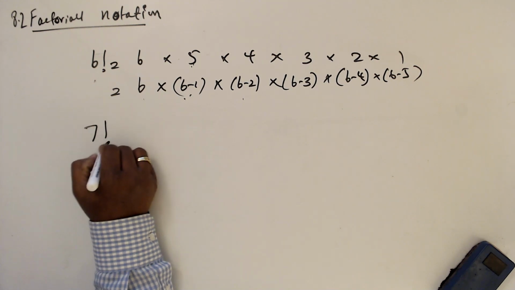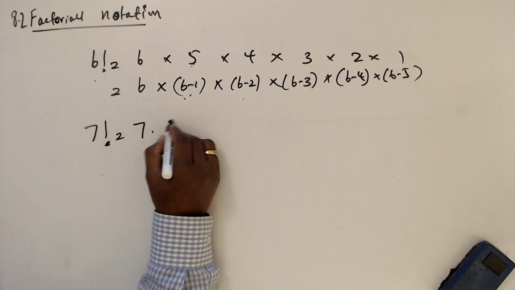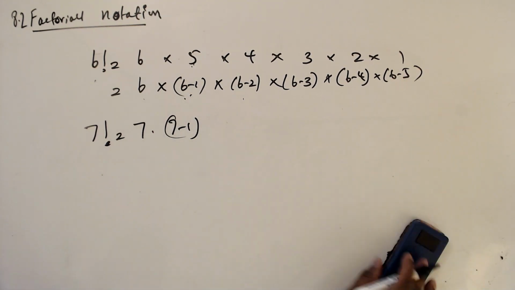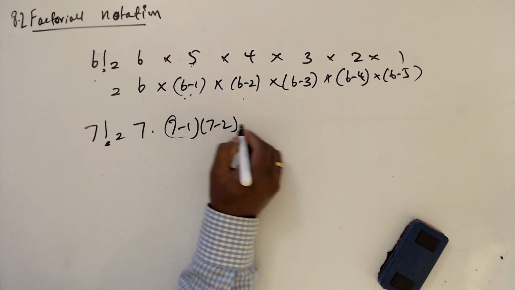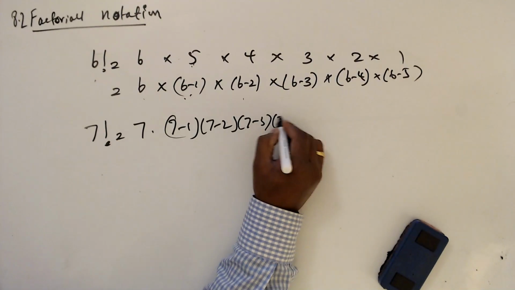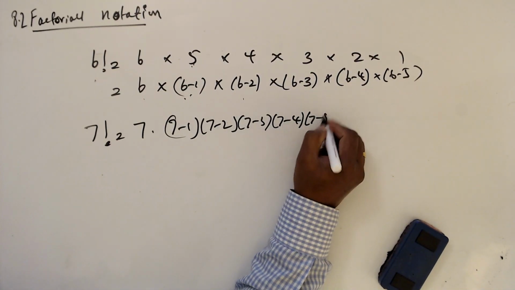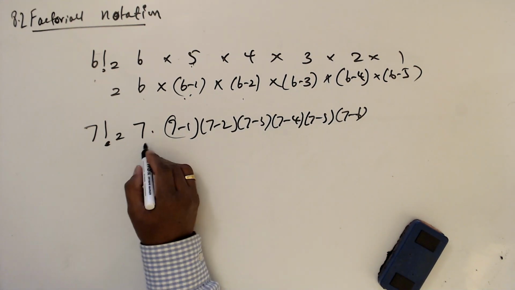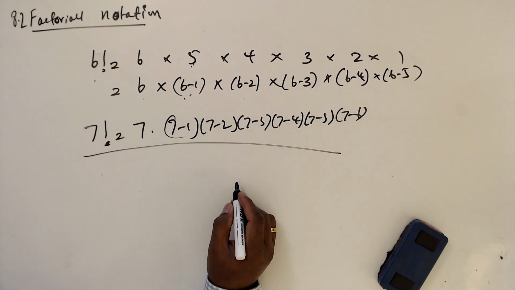Likewise, you can write factorial 7 as 7, 7 minus 1, 7 minus 2, 7 minus 3, 7 minus 4, 7 minus 5, and 7 minus 6, that is the 1. So you can write in this way as well.